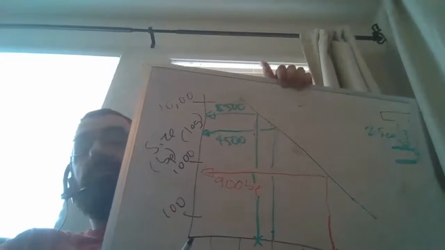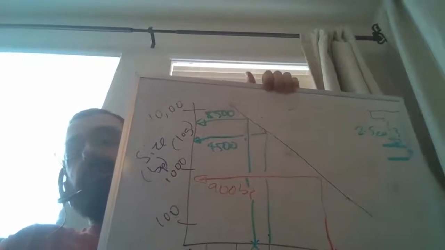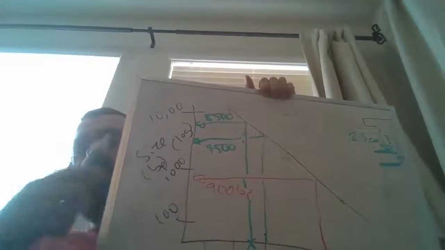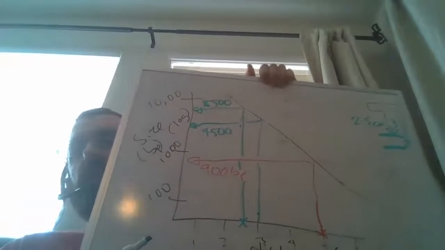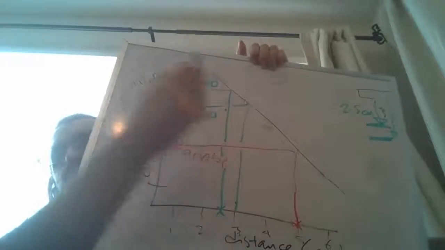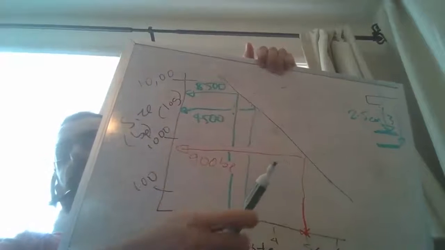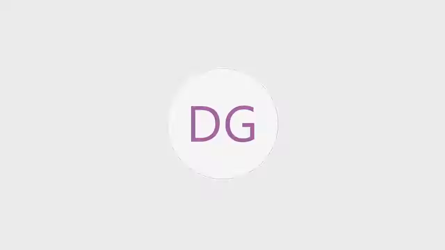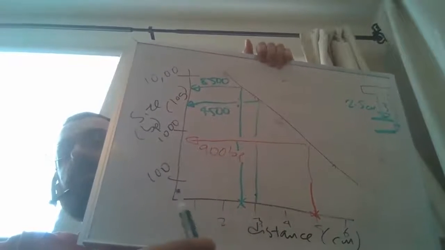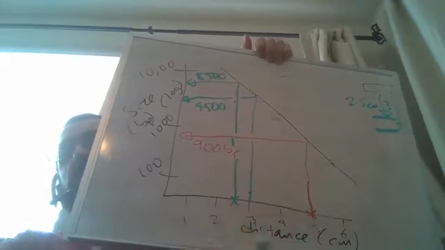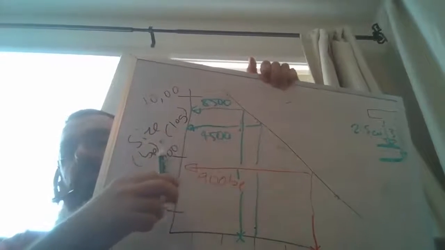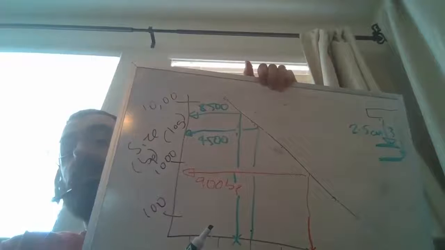If it moves 10 times the distance, then it's going to be maybe 1/10 of the size. But rather than relying on those crude estimates, we use this line, which is a precise representation of the relationship between size and distance. And so if we know one of those bits of information, the distance, we can go up and then across to find out the other bit of information, which is the size.